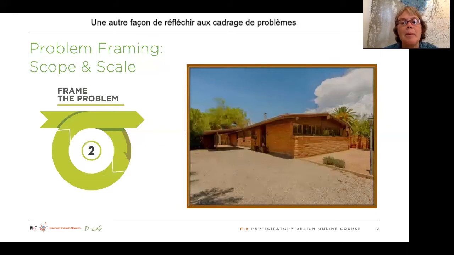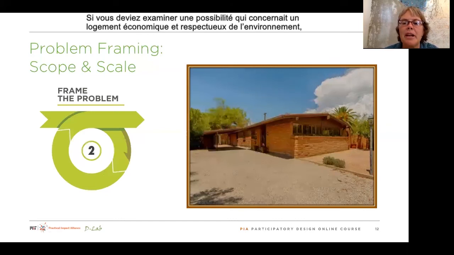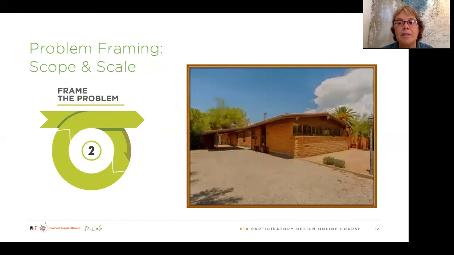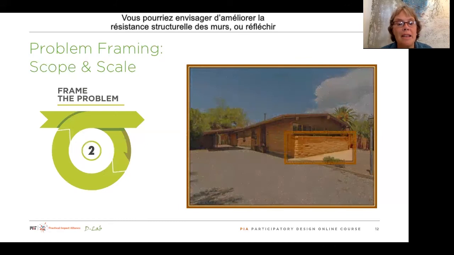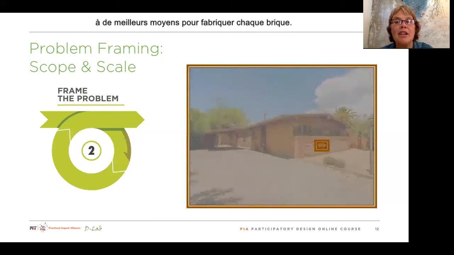Another way you might think about problem framings is that they define the scope or the scale of a project. If you were to consider an opportunity that was around affordable, eco-friendly housing, you might think in terms of the overall layout of the house. Or you might think about improving the structural strength of the walls, or better ways to manufacture the individual bricks.